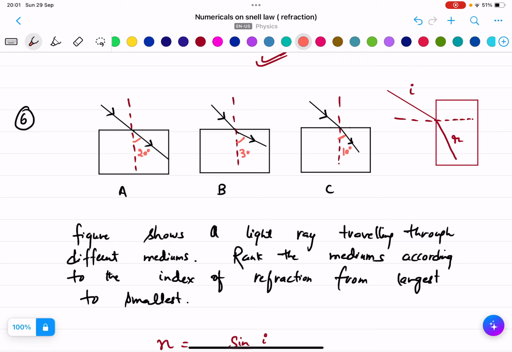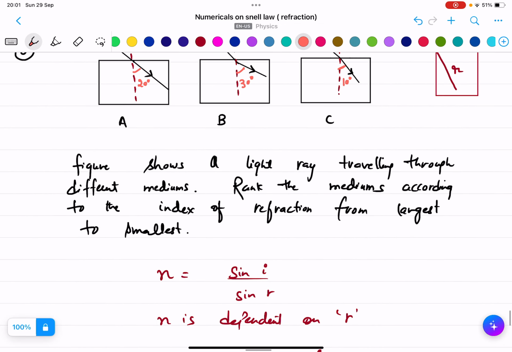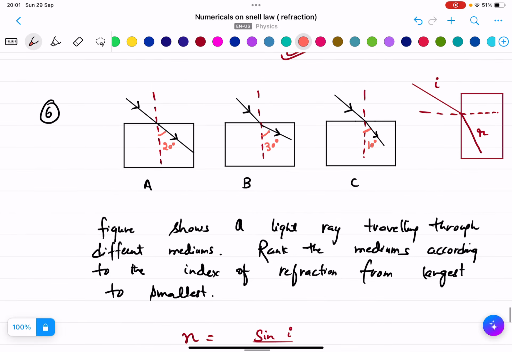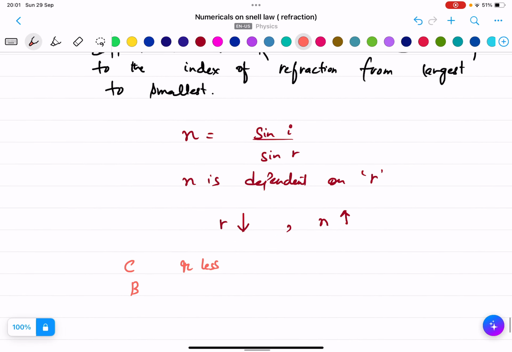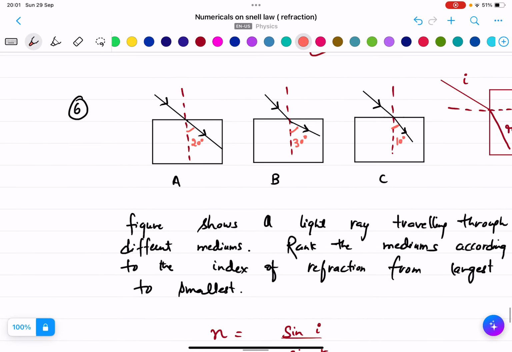And then let us say it is 30 degree. So in figure C, R is less. In B, I'm just doing the order. C, A and B.